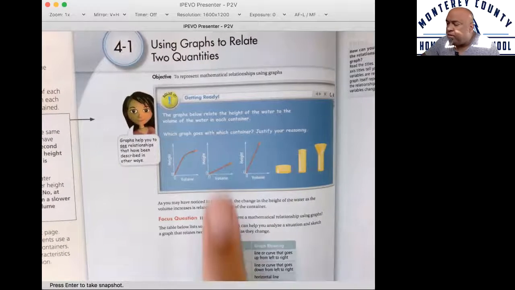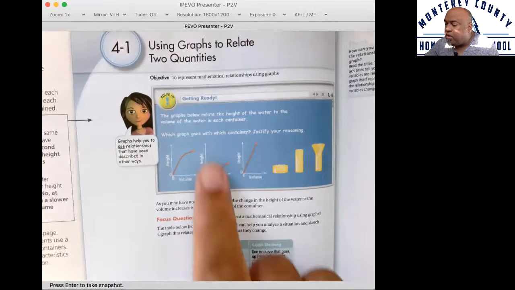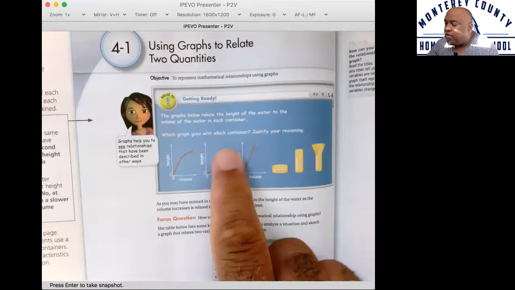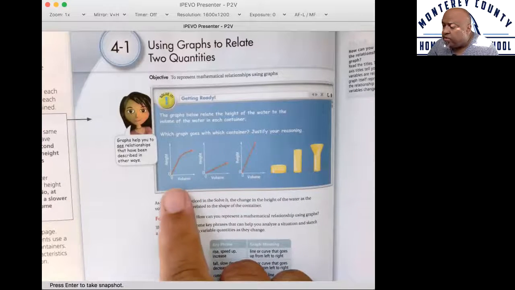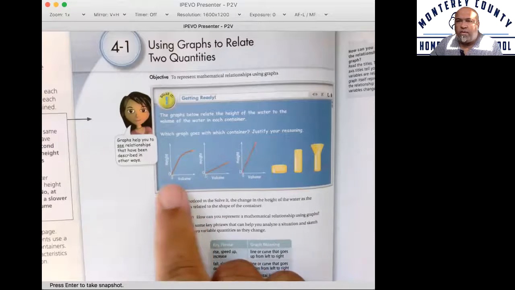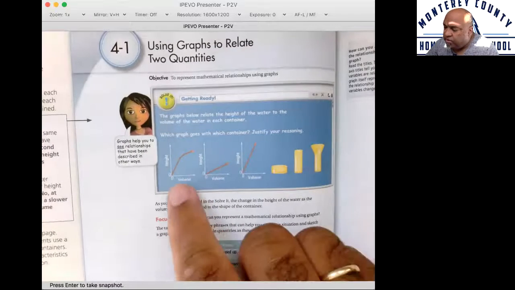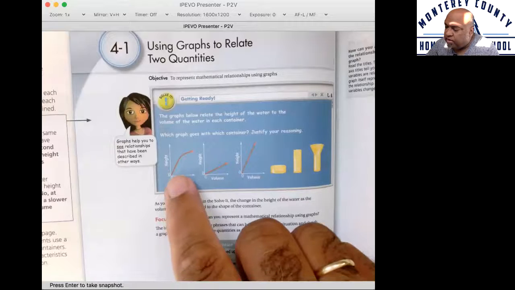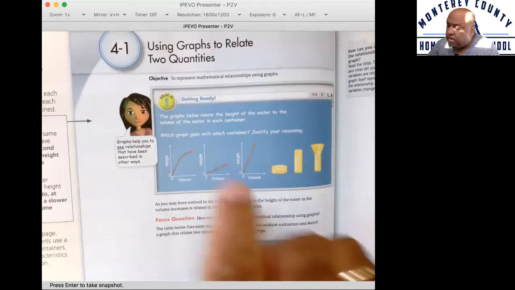Now, it says here the graphs below relate the height of water to the volume of water in each container. Which graph goes with the container? Now take a look at this one. So we have volume, which is how much water is in the container. We have height, which is how tall the container is. This one, when the water pours in, it fills up quickly, and then the height tapers off.